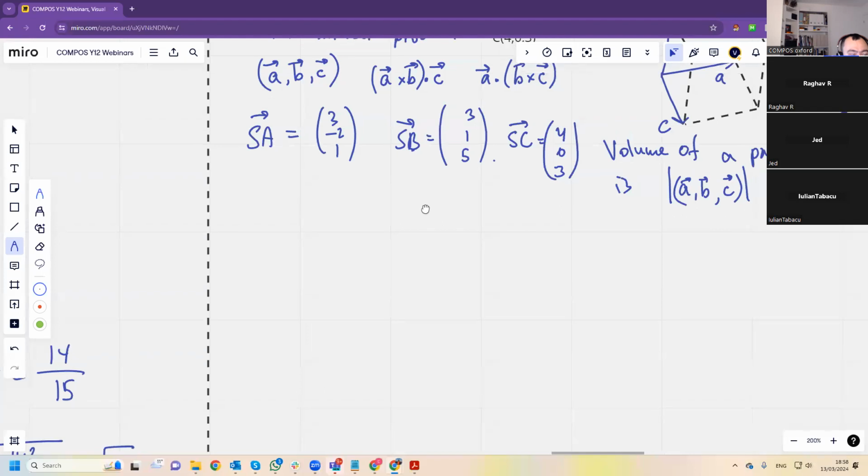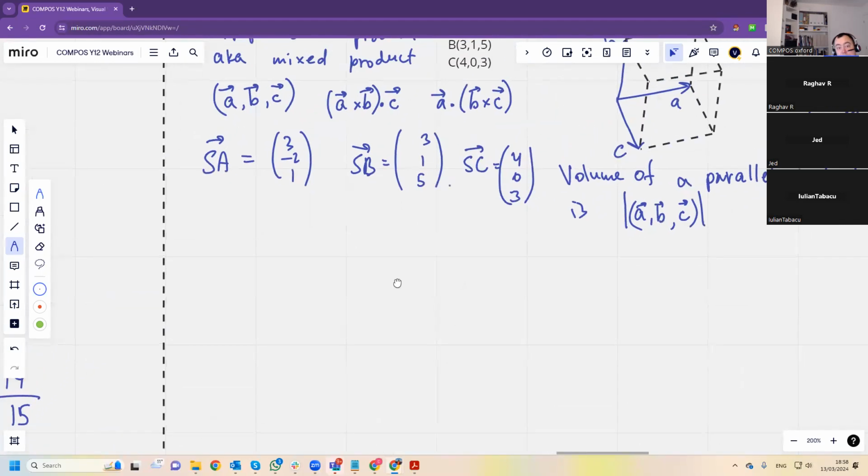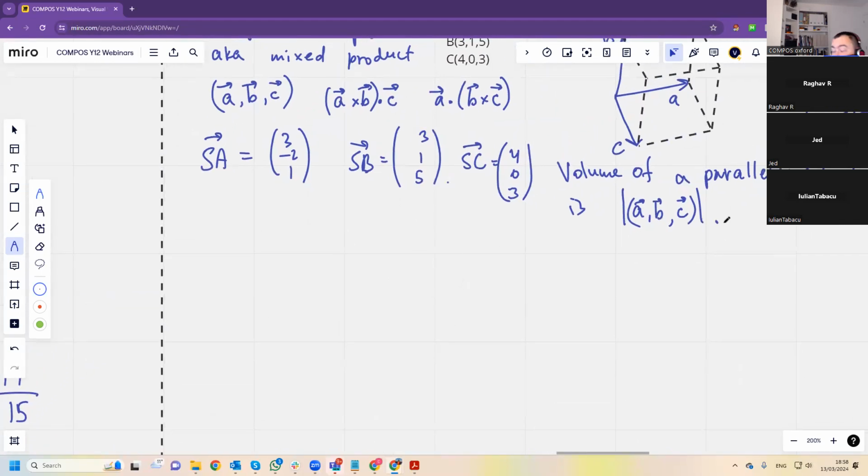Now to find the volume, you need to know matrices. If you don't know matrices, don't worry too much about it. But the triple product of vectors SA, SB, SC is equal to the determinant of the matrix drawn on the three vectors.